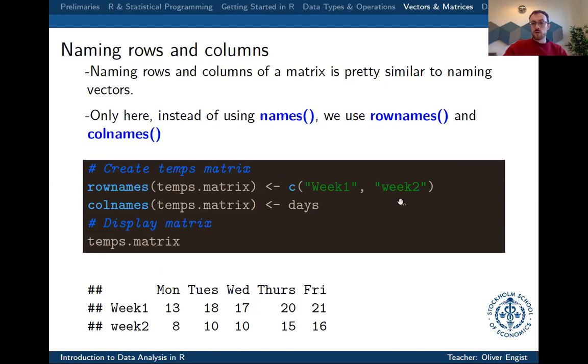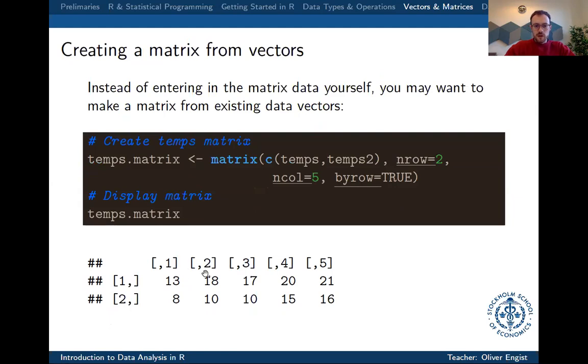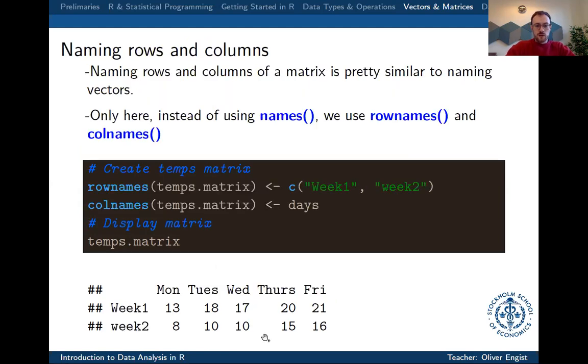So if we rename it, we need to have 2 values, and we call this week 1 and week 2. And the columns are still the weekdays, so we can reuse the days vector that we've used before. And the result will be this small matrix that has weekdays in the columns and week 1 and week 2 as row names.